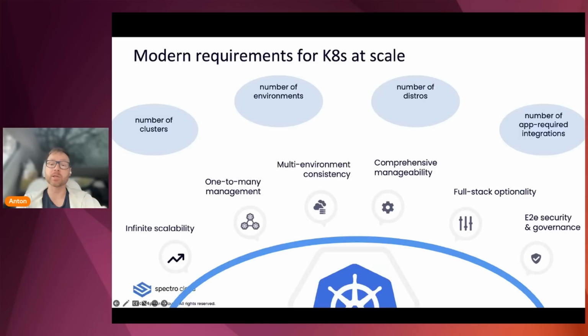So our goal with Palette is to bring limitless scaling in terms of management, one-to-many, i.e. one platform for everything, consistency across environments, easy and complete management, so how we can manage those clusters and the stuff deployed on top of them, and total freedom as well on the stacks that people want to deploy. We allow people to form their own opinionated Kubernetes stack just the way that they want it, best of breed for their own purposes, and deploy and manage it at scale.